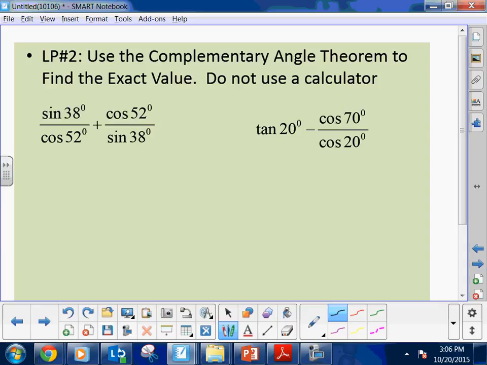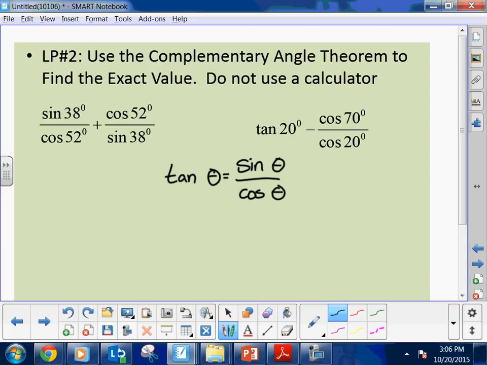If y'all remember, the tangent of theta function is in reality sine of theta over cosine of theta. That's one of the identities that you learned back in geometry.